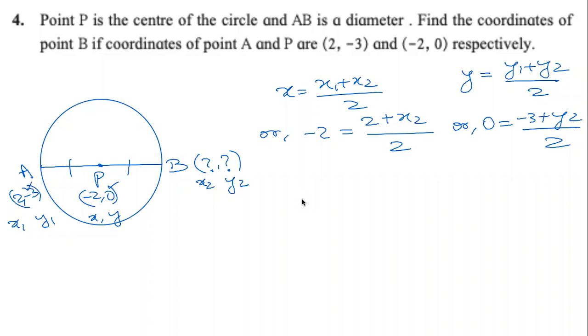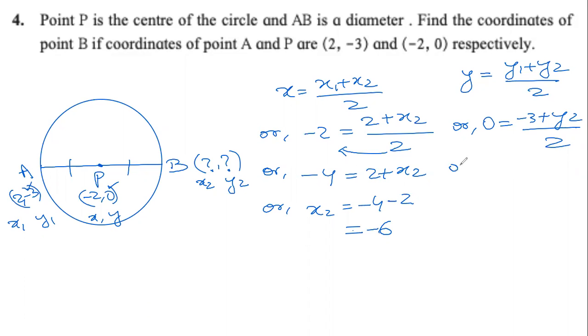If we solve the simple linear equations in one variable, for x2, we can take this 2 to the left hand side. So 2 into minus 2 will be minus 4 equals 2 plus x2. We have to find x2, so we can just move 2 from the right hand side to the left hand side, and we can write x2 equals minus 4 minus 2 equals minus 6.